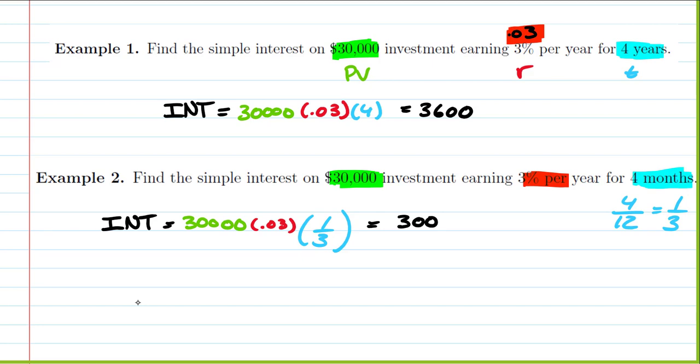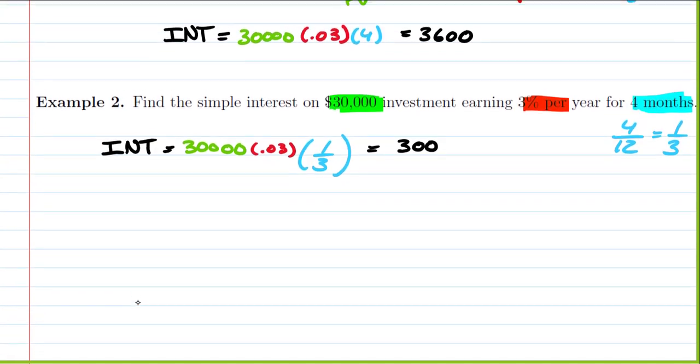So this illustrates the idea that the simple interest formula that we're familiar with from college algebra and other things uses an annual interest rate. In finance and many other applications, it's often better to think about this formula in a slightly different way.